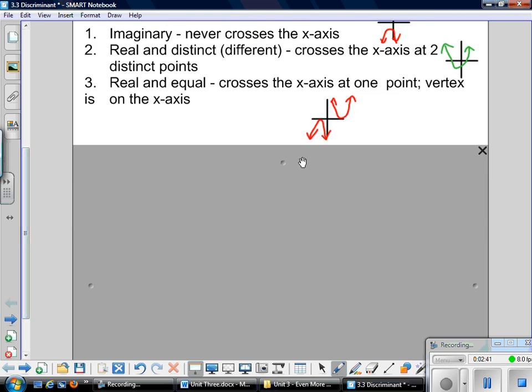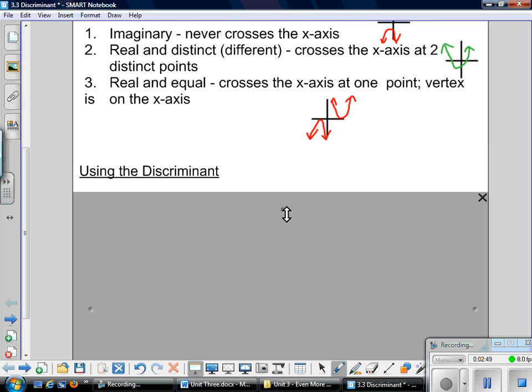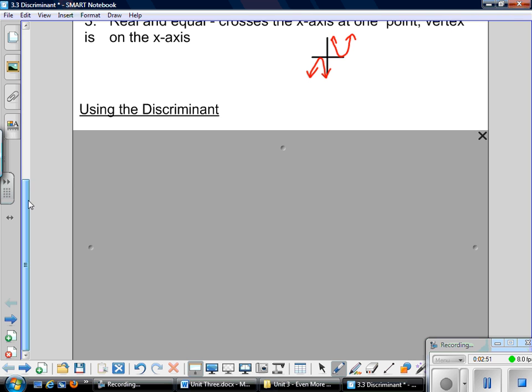Okay, so how can we tell without graphing and without actually using the quadratic formula? Because that can be pretty tedious and time consuming. Well, we use a thing called the discriminant. It discriminates between what kind of roots, what kind of x-intercepts we have, or if we have any at all.